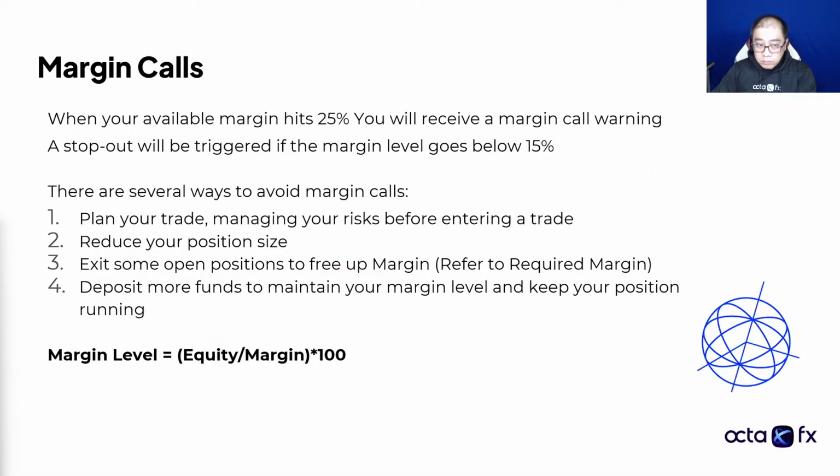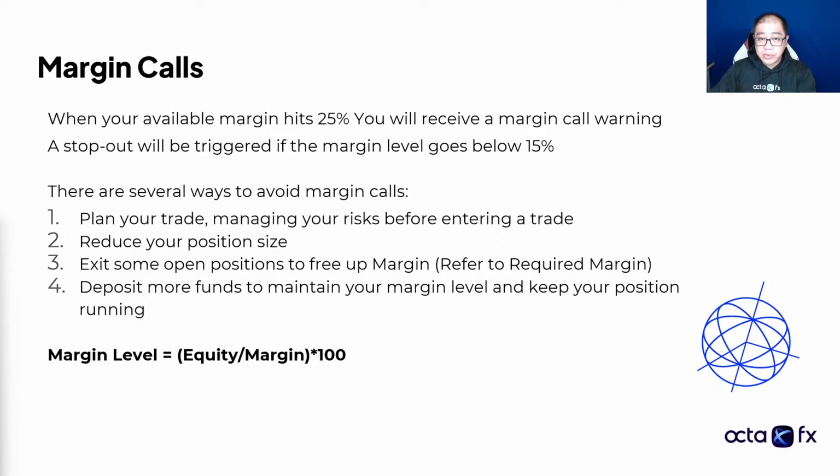Okay, so we've been talking about margin calls. Basically, when your available margin hits 25%, you will receive a margin call warning. A stop out will be triggered if the margin level goes below 15%. There are several ways to avoid margin calls. Number one is obviously plan your trade, manage your risks before entering a trade, reduce your position size, exit some positions to free up some margin.